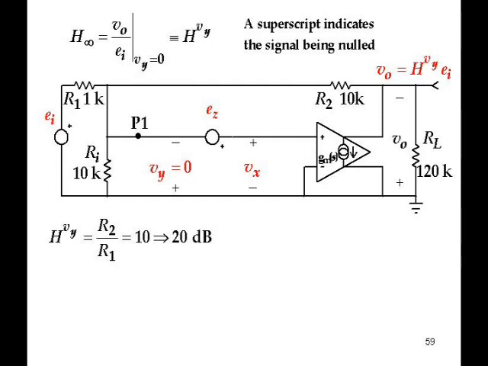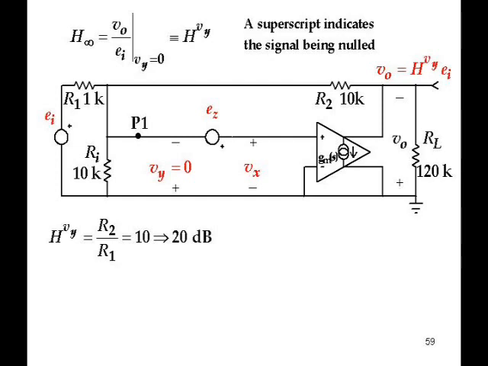We have simulated infinite loop gain. And the answer is exactly R2 over R1. And the notation I've used there with that superscript Vy, that's to indicate that Vy is nulled in order to solve for that quantity. And you see how easy a calculation that is.